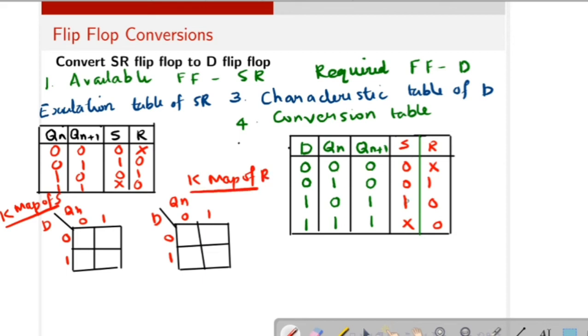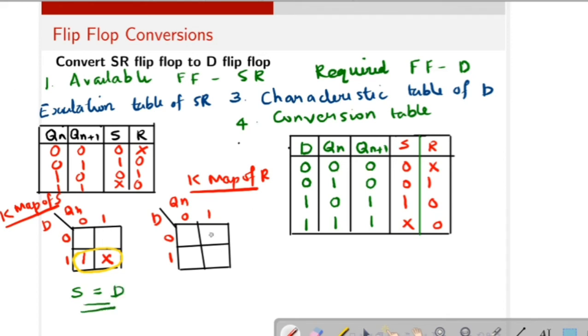Okay, for S, 1 is for the input 1 0, then for 1 1 it is don't care. Okay, so we can group like this, we can form a pair. Okay, so the equation for S is D, Qn cancelled, only D, right?